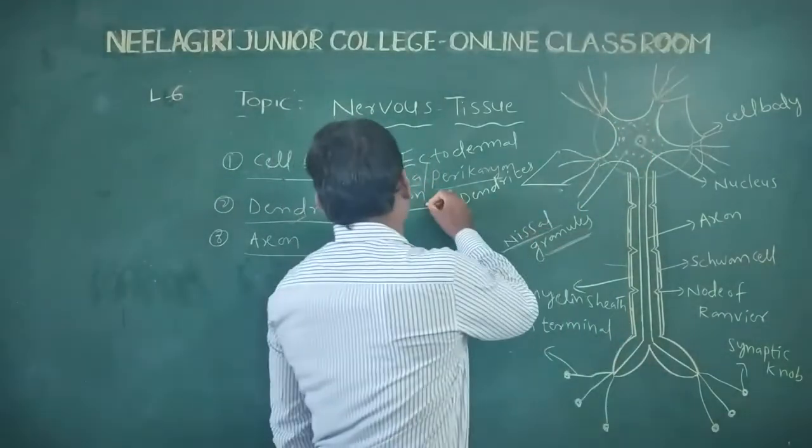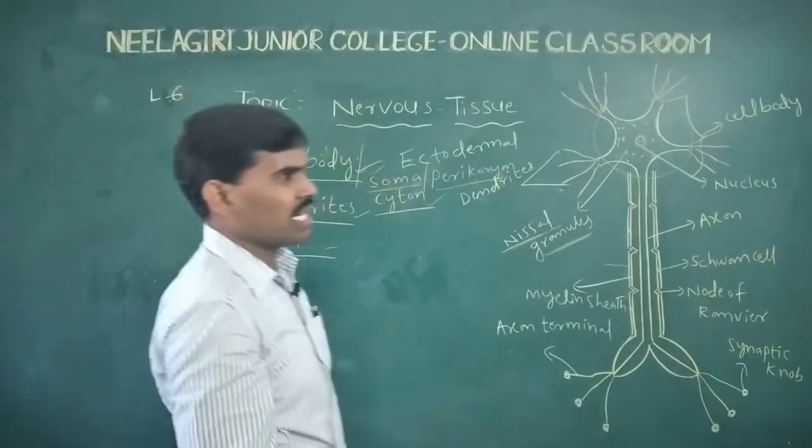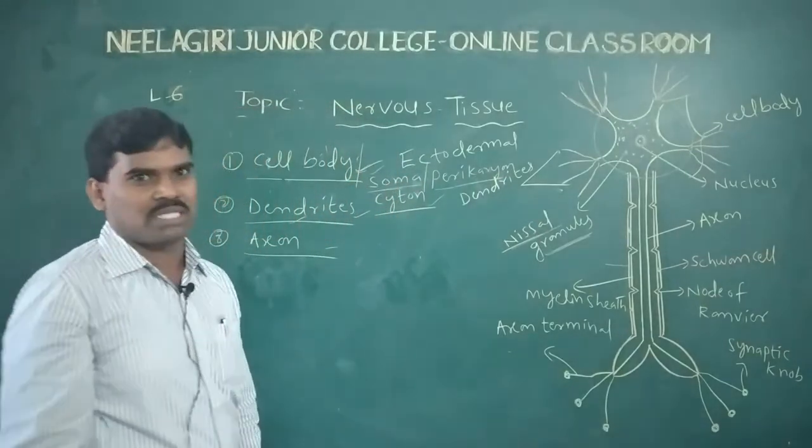Dendrites receive the nerve impulse from another neuron.